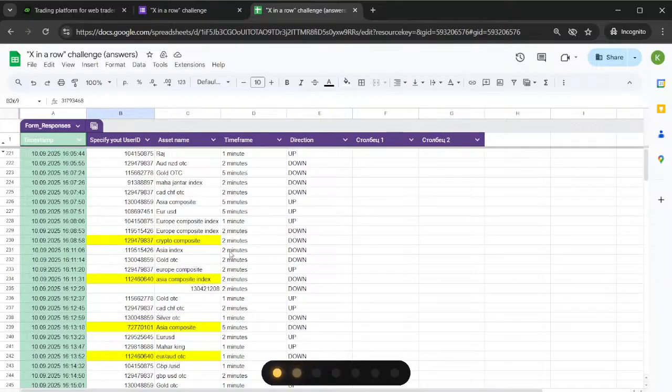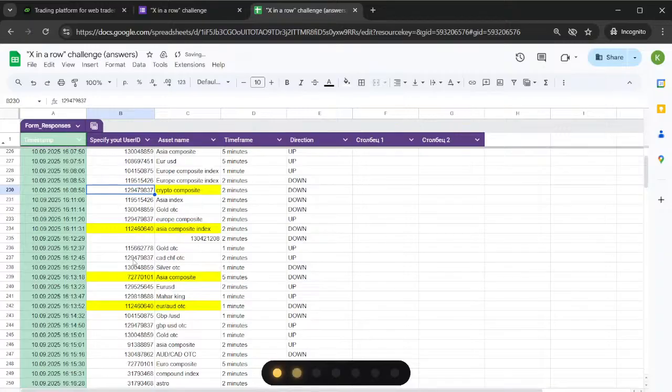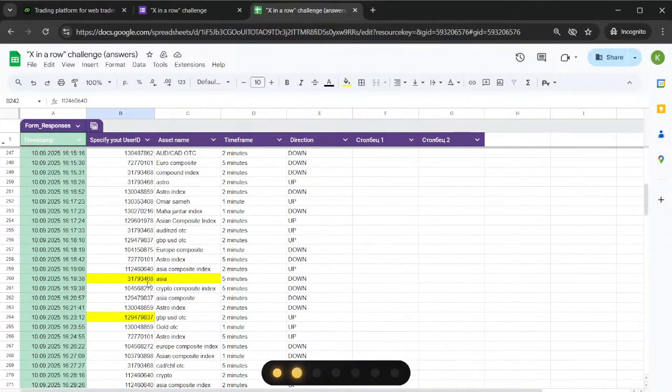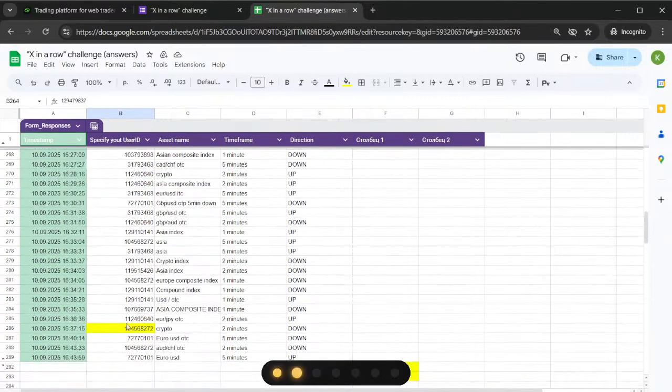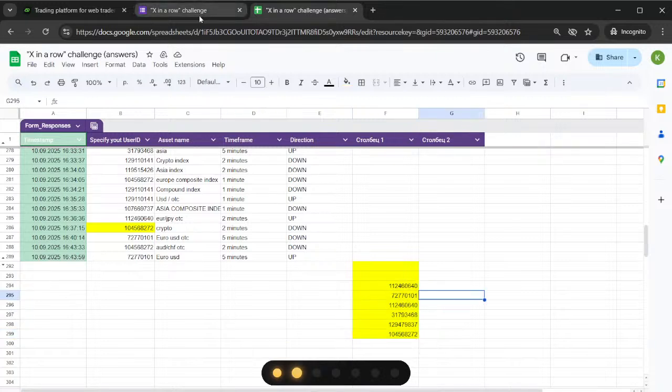We need to remove this entry also. So majority, these are the trades. I'm so sorry, traders, if I have missed any of your IDs, but I have tried to make sure that I have picked all the relevant ones. These are the trade IDs which we have used today.